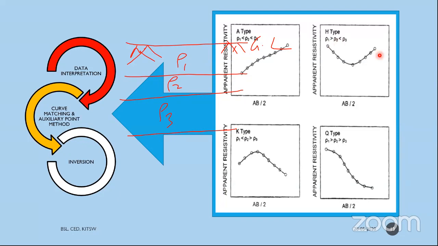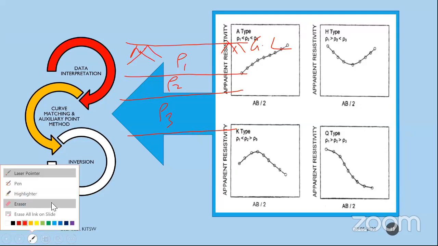Sorry, rho 2 is the minimum compared to rho 1 and rho 3. If the resistivity value is higher for the second soil layer compared to 1 and 3, then you get a K type. The last one is Q type, where rho 1 is the highest compared to rho 2 and rho 3. So A means rho 3 is highest, Q means rho 1 is highest, K means rho 2 is highest.